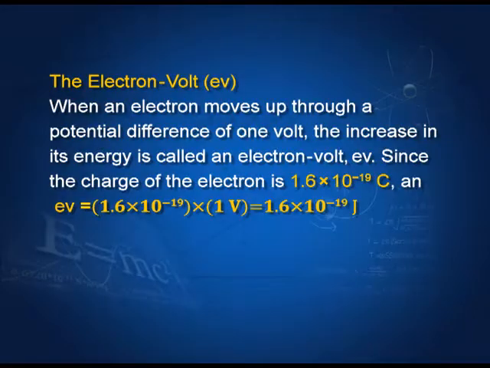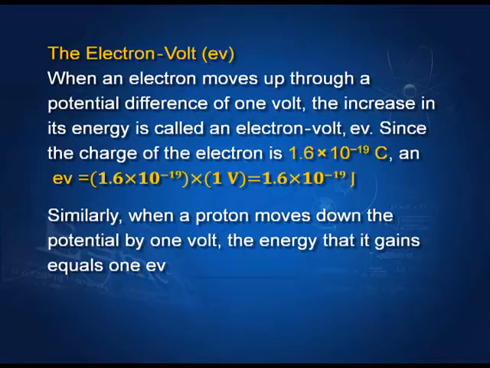When it moves up by 1 volt, the work done is the energy that is called electron volt. So, electron volt is Q times the potential difference, which is 1 volt. If you multiply these two, you get this. So, 1 eV is 1.6 times 10 to the power minus 19 joules.